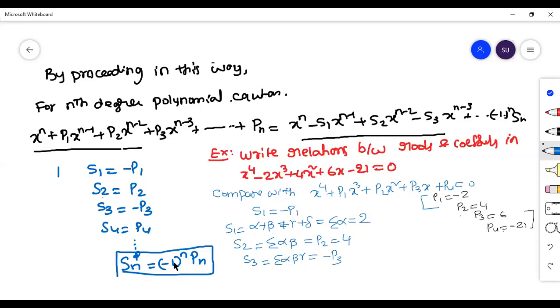In the same way, Sn is equal to (minus 1) whole power n into Pn. So S3 is equal to minus P3, and P3 is 6, so that is minus 6. S4, that is alpha beta gamma delta, is nothing but the last value, P4, which is equal to minus 21.